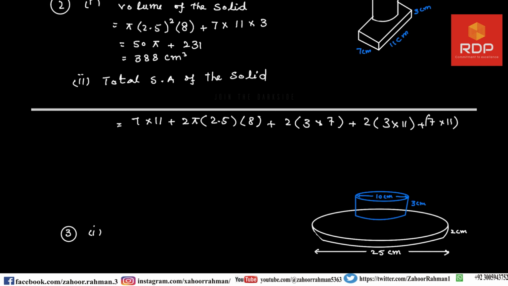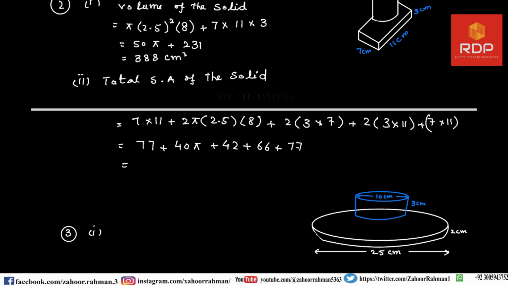In the first part we get 77, the second part is 40 pi, the third part is 42, the fourth part is 66, and the last part is 77.